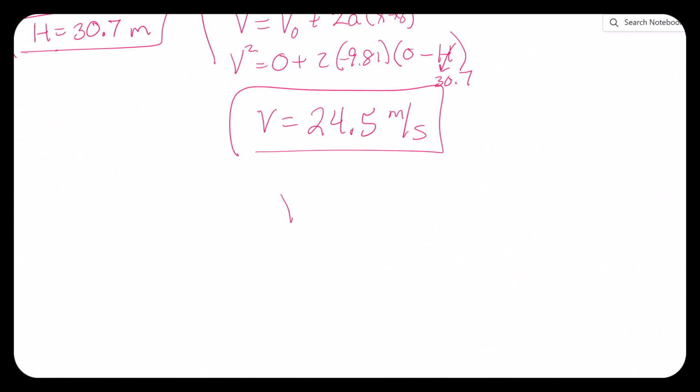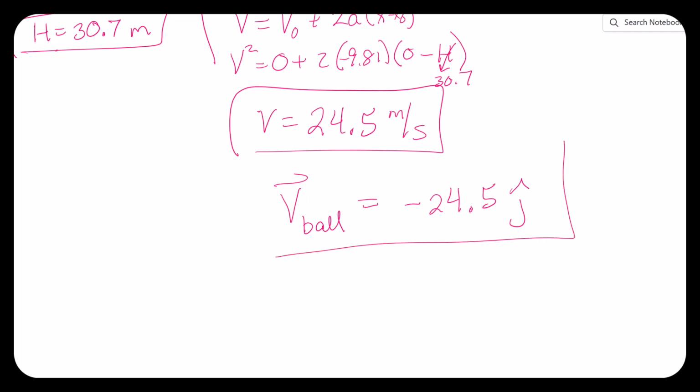But if I was making a vector, the velocity of the ball would be negative 24.5 j hat. Does that make sense? So I think for the purposes of this class, you probably want to indicate negative is down, but it may help you to list things as vectors, like, okay, negative j hat means it's going down. So there you go.